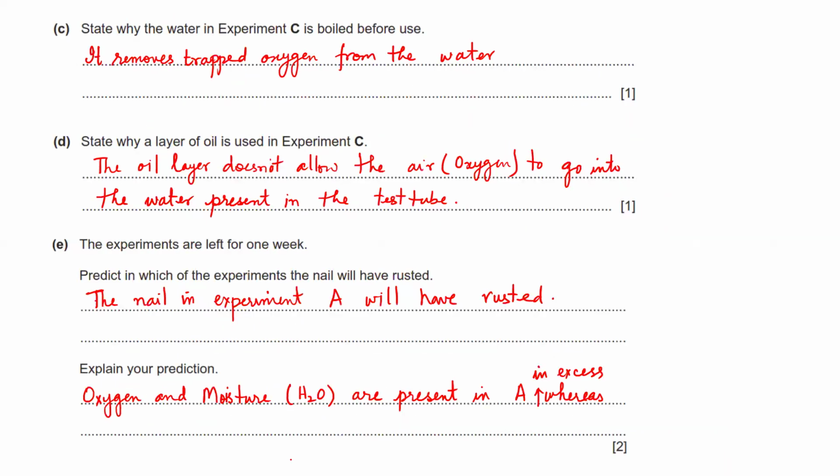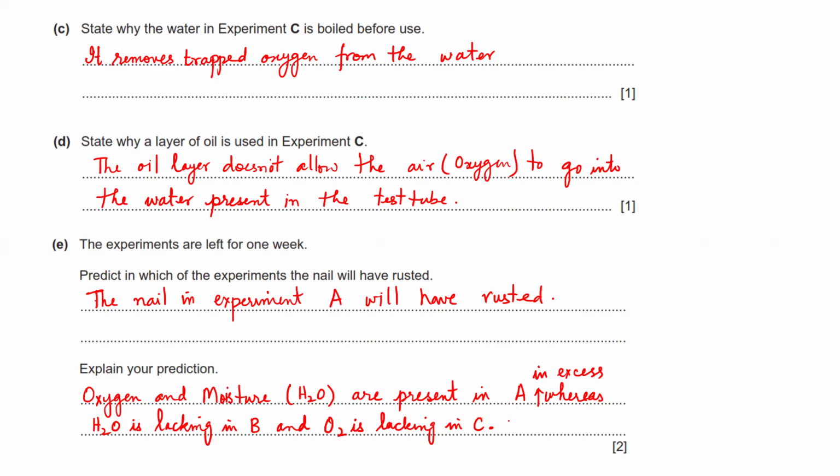So moisture and oxygen are present in A, whereas water is lacking in B, and O2 is lacking in C.